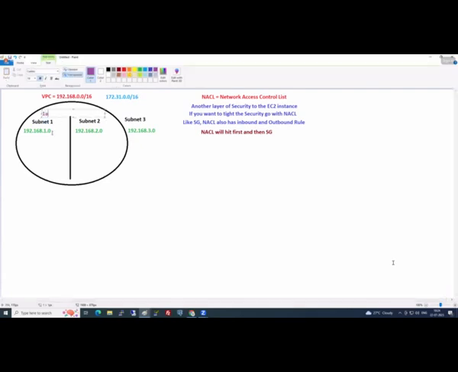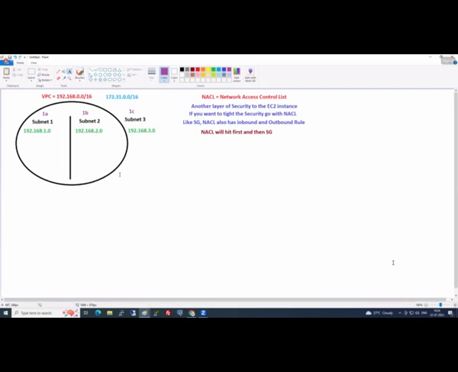Okay. Here, each subnet is associated to one availability zone. See, certification question. One subnet is associated to one availability zone. Yes or no? Can one subnet be associated to multiple availability zones at the same time?